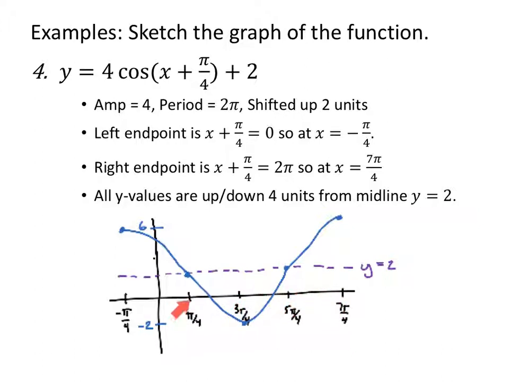My second key x value is center line. My third key x value is minimum, so 2 minus the amplitude of 4, which would give me negative 2. My fourth value is center line, and my fifth value is high, so from center line add 4 and I get to 6. All the values are up or down 4 units from the midline of y equals 2, unless they're the two that are on the midline.